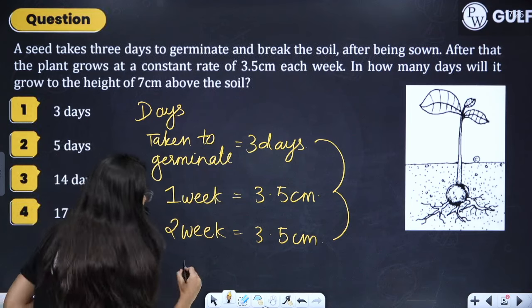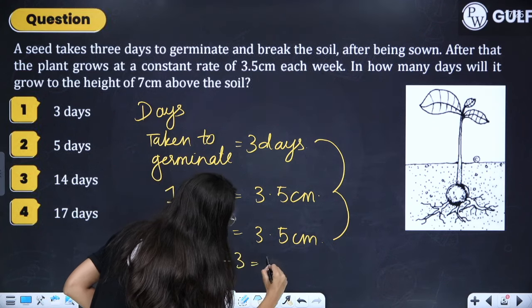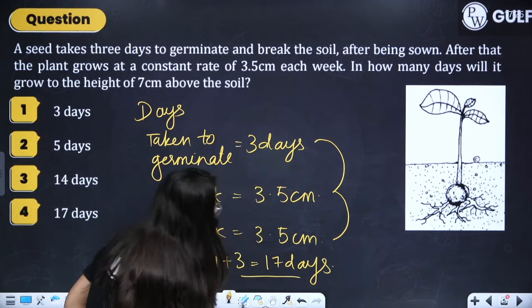So can we say a total of 14 plus 3, that is 17 days. I know that it is taking 2 weeks to come above the soil, but the time taken to germinate is also to be considered. So in total it is 17 days, which is your option D.